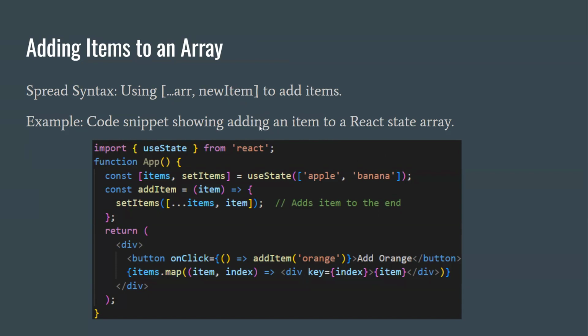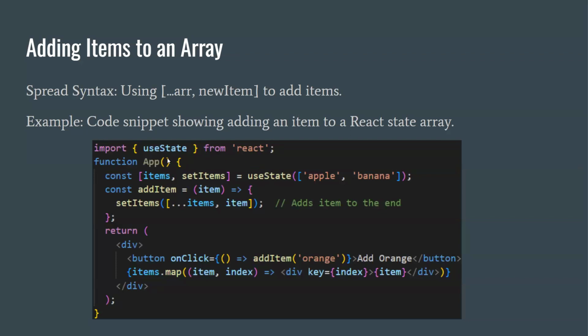This syntax creates a new array by unpacking all elements of the original array and adding the new item at the end. Let's take a look at this code example where we use this technique in a React component state.